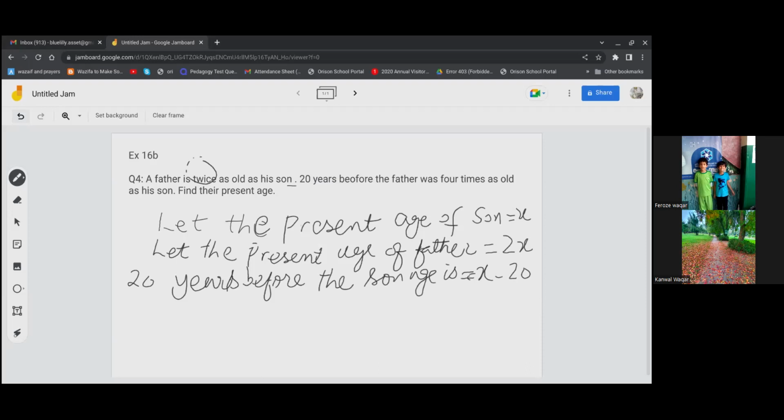20 years before the father's age is 2x minus 20.